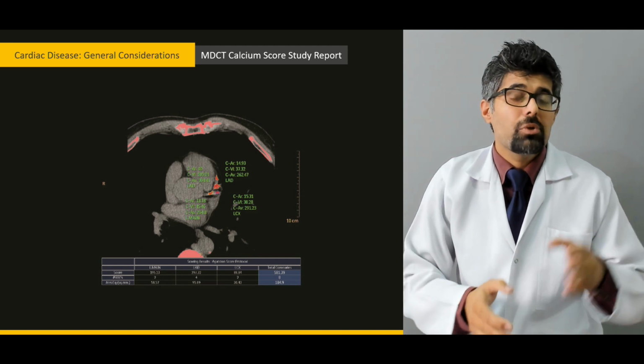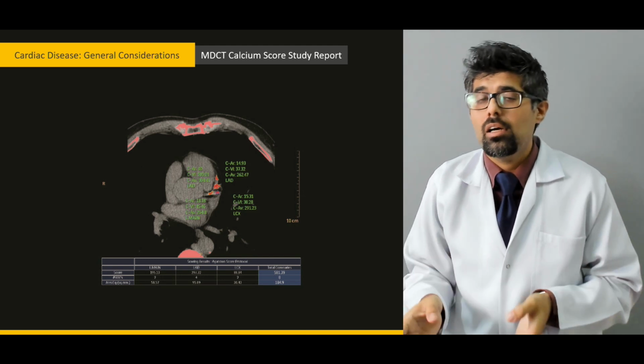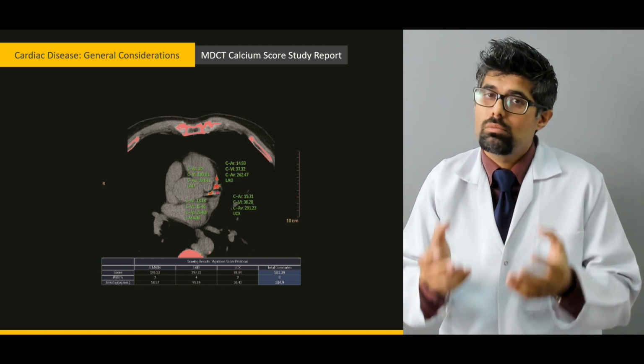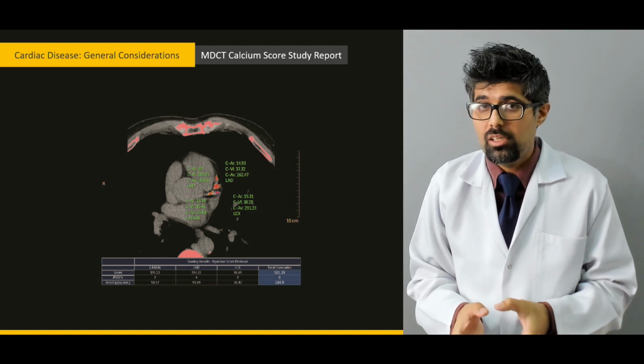Now, if the score is between 400 and 800, that means the score is of moderate level.